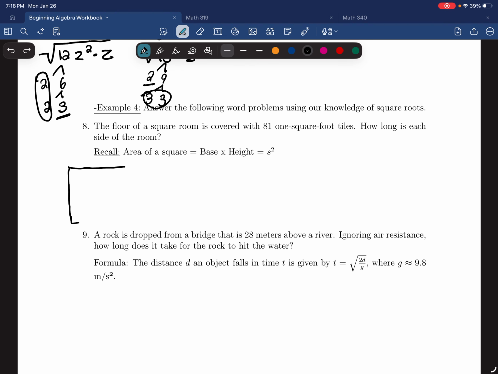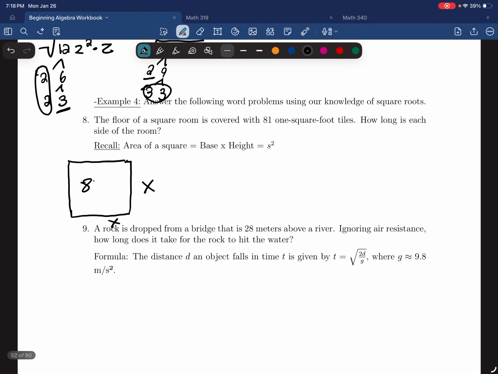Well, recall from geometry, the area of a square is just base times height. So we're going to have two unknown variables, x and x, our base and our height. And we know that when we multiply those two together, we get 81 feet squared.